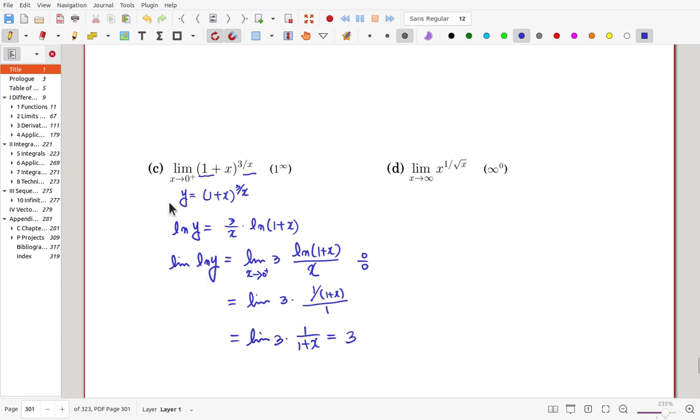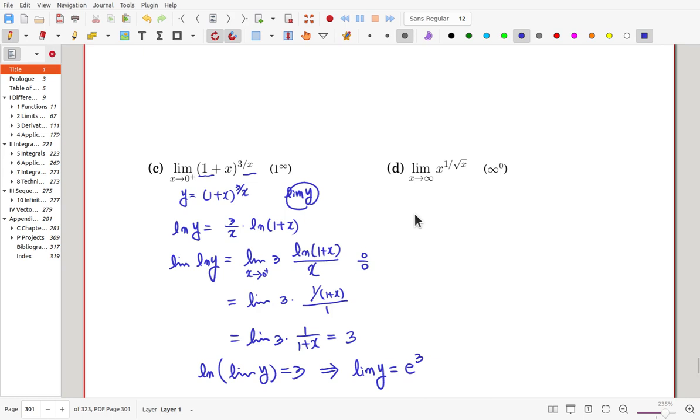So eventually what we have to get is the limit of y, but its logarithm is 3. So we can rewrite this portion: logarithm of the limit of y equals 3. That means the unknown, the limit of y, is the same as e to the 3.